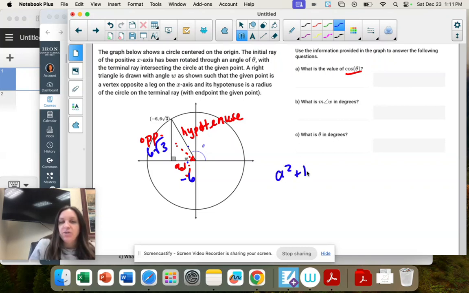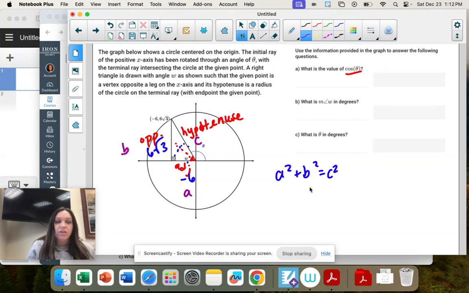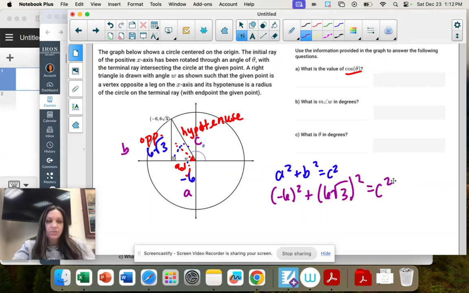So let's use the Pythagorean theorem to solve for the hypotenuse. So C, and then our legs that make up that right angle, we call those the legs, A and B. So I have -6 squared plus 6 square roots of 3 squared equals C squared.